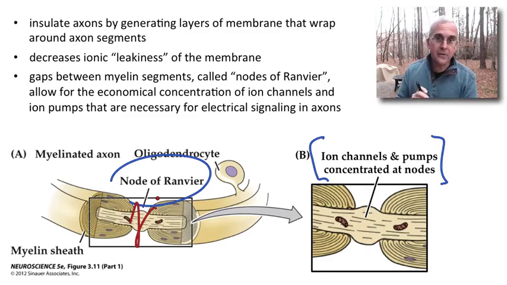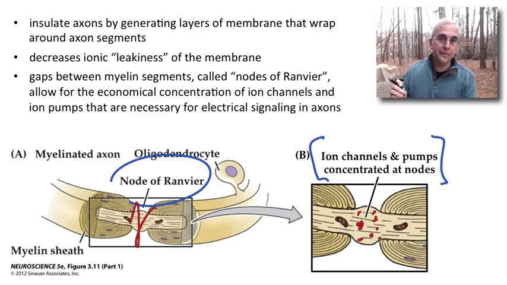But there's another advantage of having nodes of Ranvier, and that is that one can populate these nodes with the proteins in the membranes here of the axon with great efficiency. So you end up having to create and populate fewer ion channels and pumps in a smaller region of axonal membrane than you would otherwise if there were no myelin.